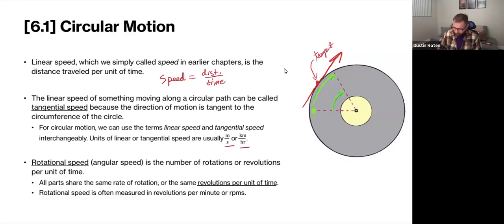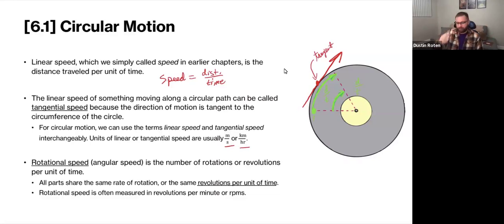Per time. So we'll call this d over t. Same thing over here. Some object goes through this smaller distance also for some amount of time. So this would also be some distance over time.